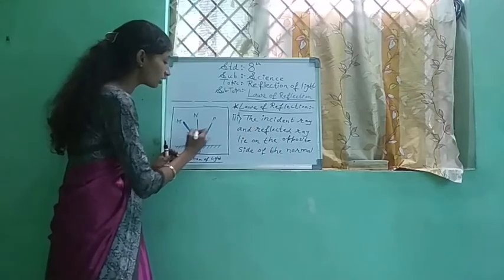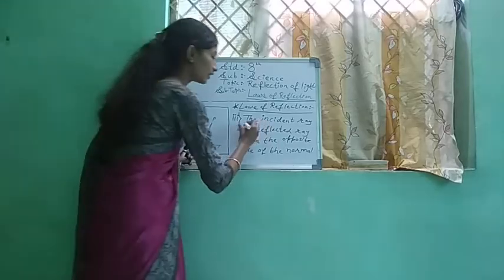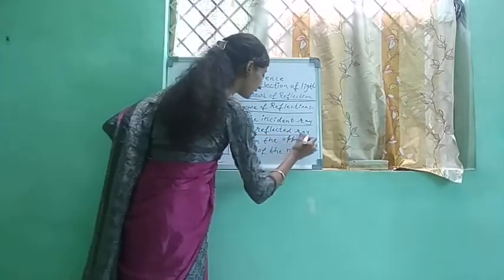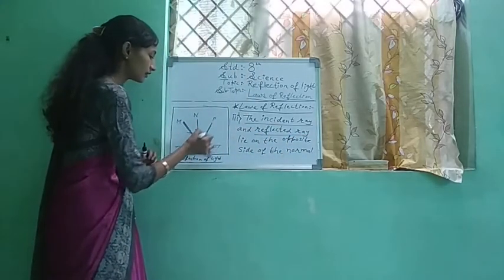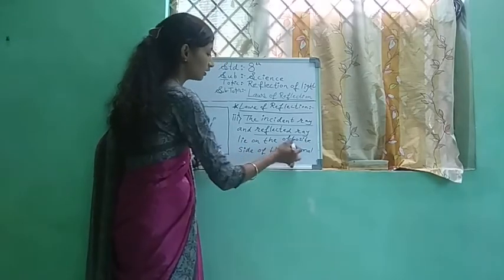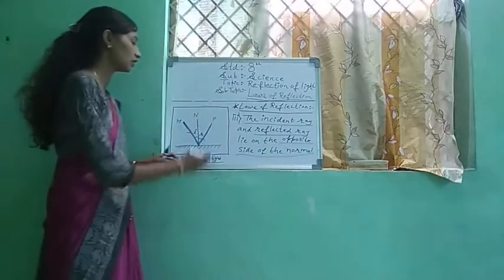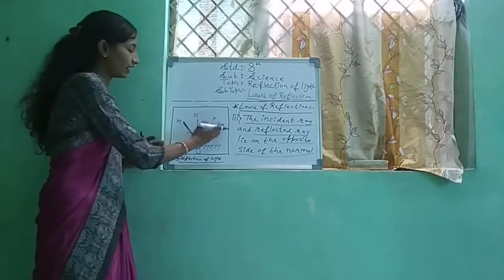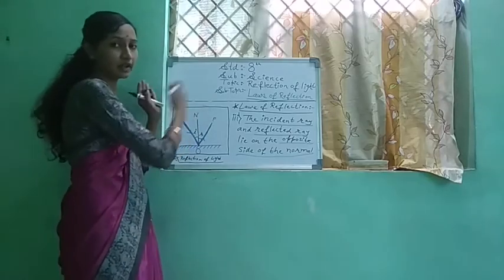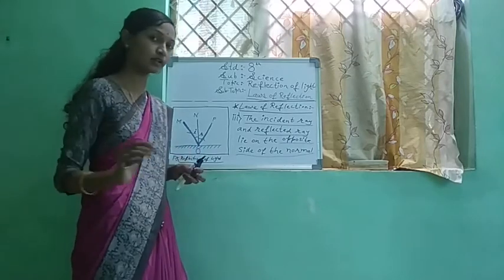So the third law says this only, means the incident ray and the reflected ray OP lie on the opposite side of the normal. Okay, clear up to this?